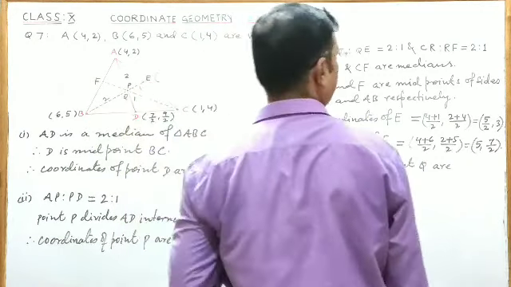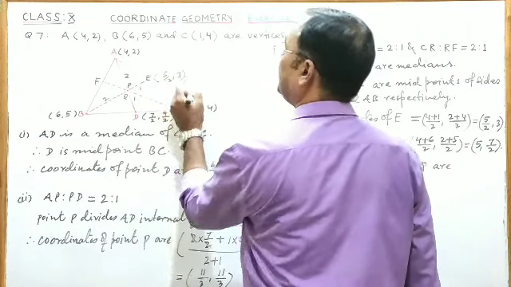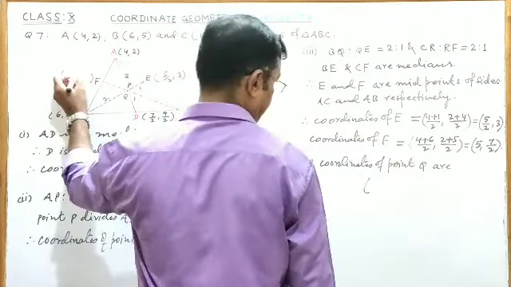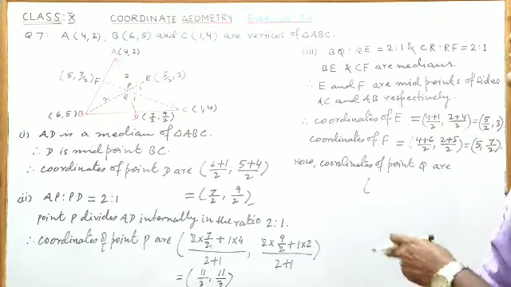Coordinates of E are 5 by 2, 3, coordinates of F are 5, 7 by 2. So let us write coordinates of point Q using section formula, which divides median BE in the ratio of 2:1.